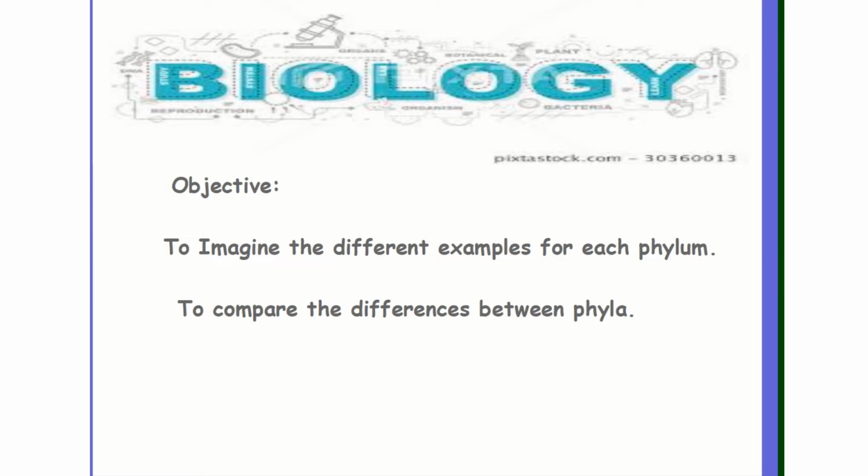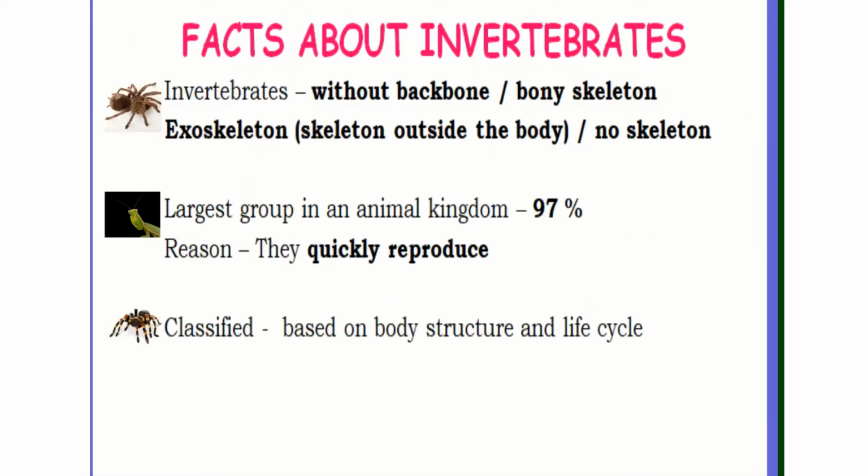In today's class, we are going to imagine the different examples of each phylum and compare the differences between phyla. Before we learn much deeper about invertebrates, let's first know about the facts of invertebrates.